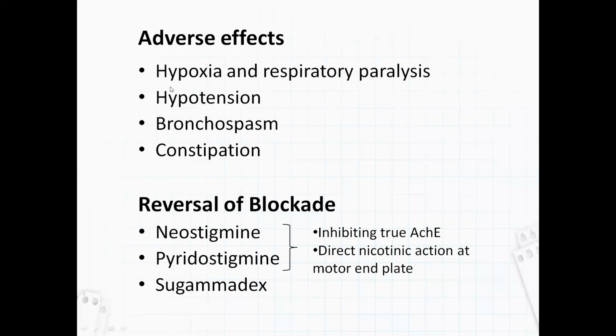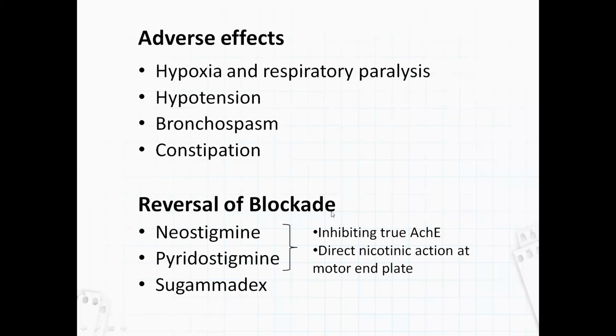And we saw that bronchospasm and hypotension are caused by the histamine release. If the drug is taken more, it can cause hypotension, bronchospasm and constipation because of the decrease in tone and motility of the intestine.